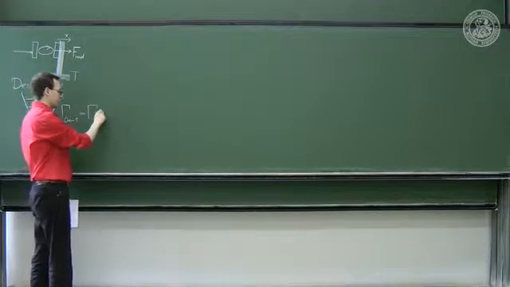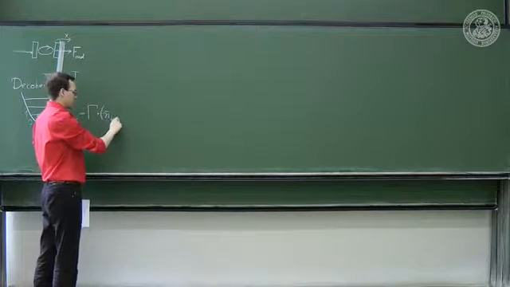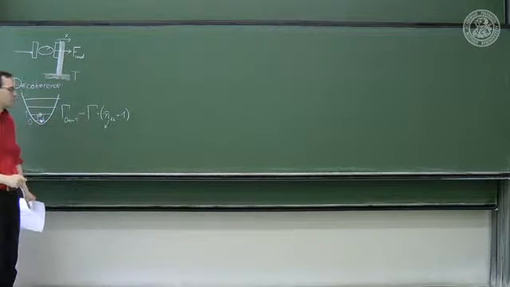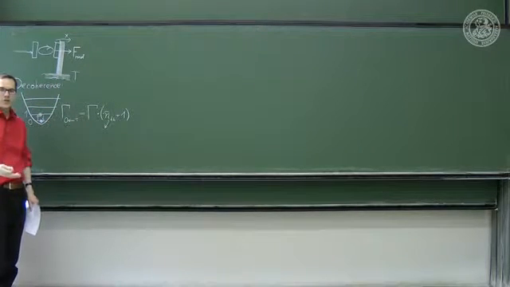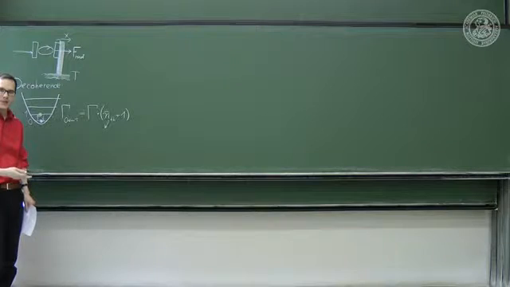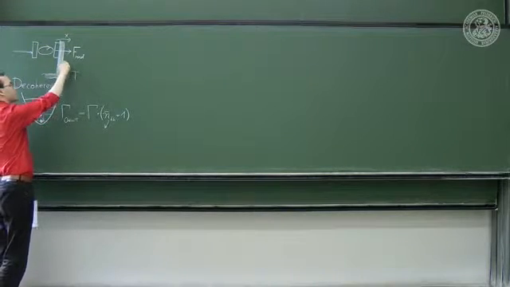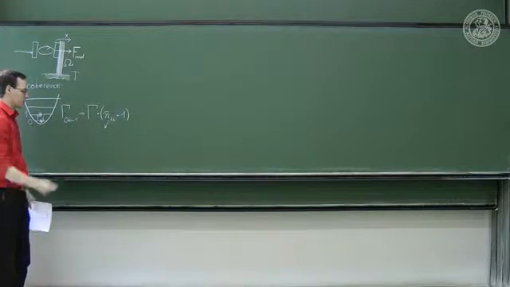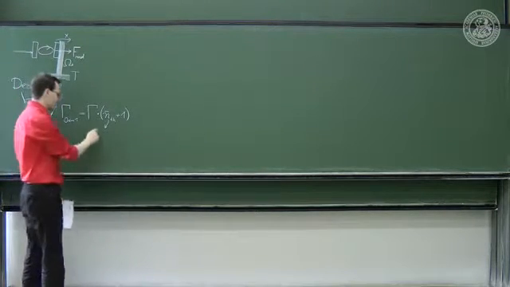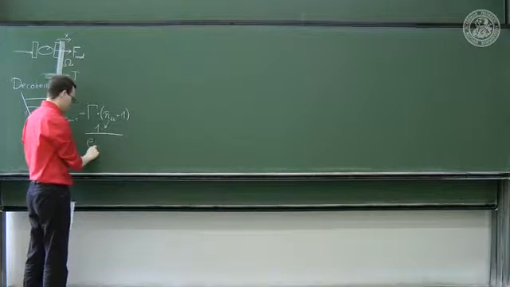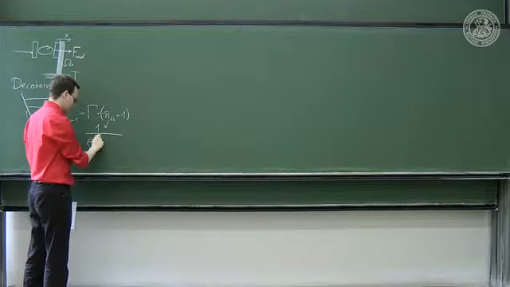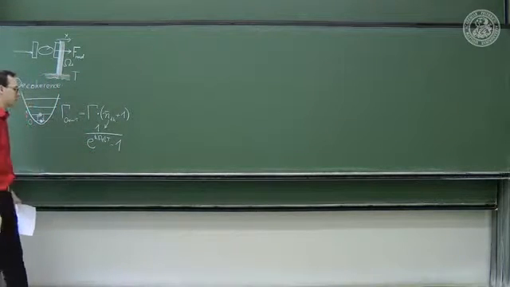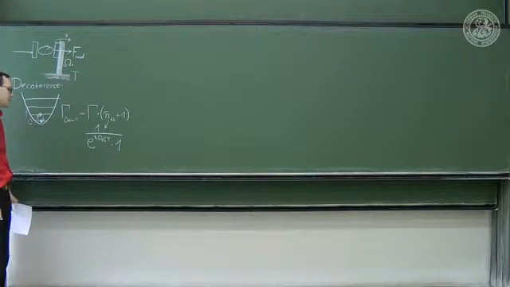So this rate gets multiplied with n thermal plus 1, and n thermal is the occupation of the environment at the frequency of the cantilever mode, omega, also given by the temperature. That would be given by the Bose-Einstein distribution. So this makes things worse at higher temperatures.